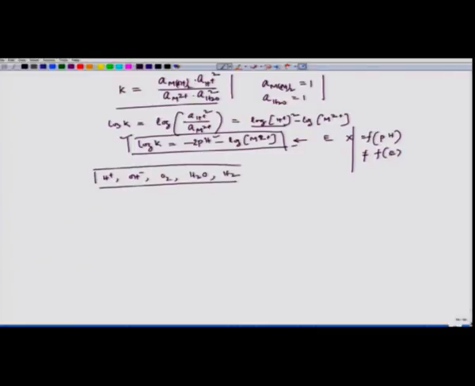These 5 species can have the following reactions: 1, 2H plus plus 2e equal to H2; 2, O2 plus 4H plus plus 4e equal to 2H2O; 3, O2 plus 2H2O plus 4e equal to 4OH minus; and 4th, 2H2O plus 2e equal to H2 plus 2OH minus.